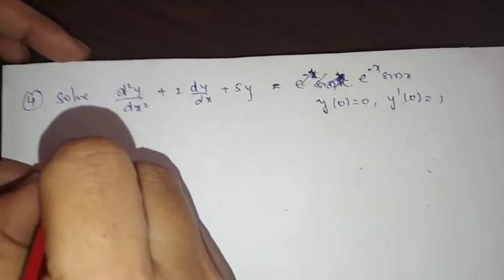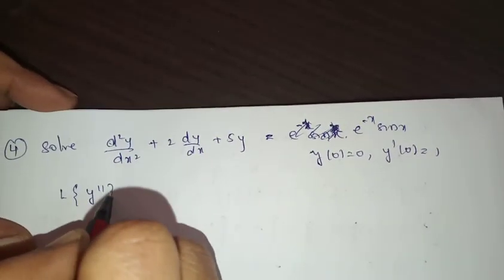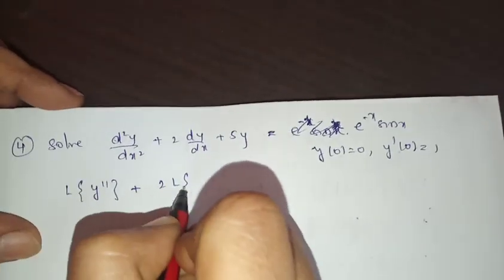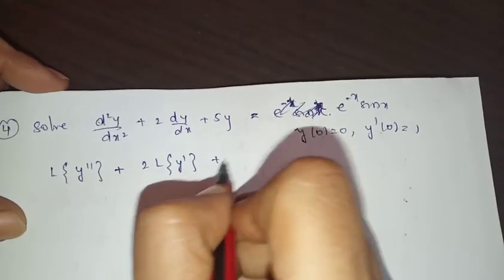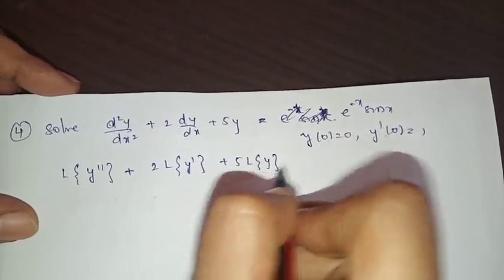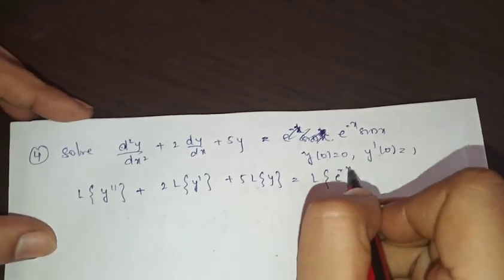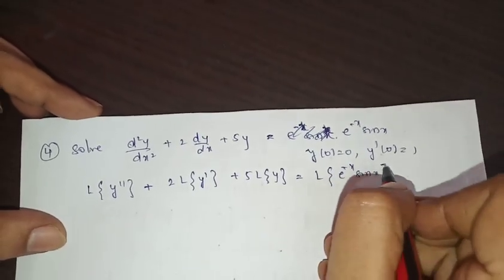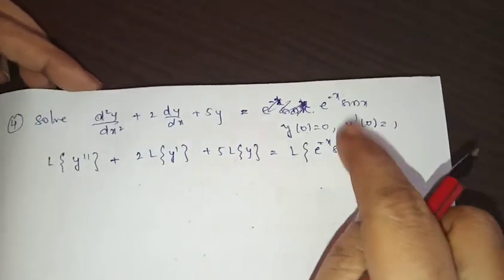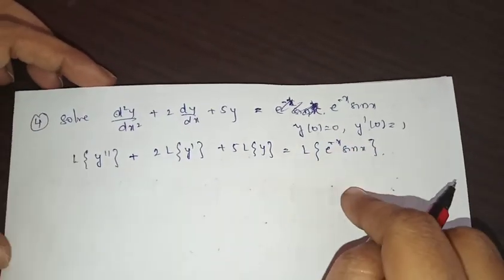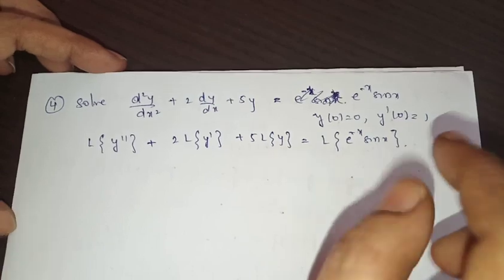Now as usual, Laplace transform of y double dash plus 2 times Laplace transform of y dash plus 5 into Laplace transform of y equal to Laplace transform of e to the power minus x sin x. Whatever be the variable here, your Laplace transform will be in terms of the parameter s.